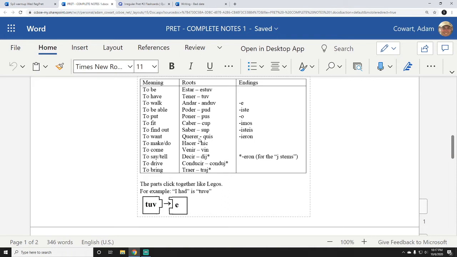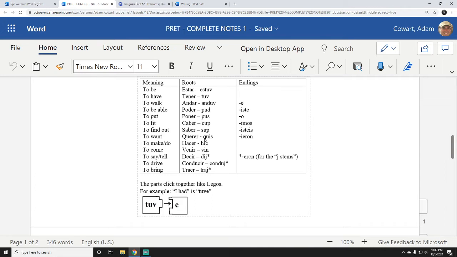Okay, so with querer, it turns into quis. And this one, I want to get the exact notes here to make sure I'm telling you correctly. All right, so this is on one of the sheets that I gave you, the one for Mrs. Johnson. So querer, it says querer will mean two different things in the preterite. If you say yo quise, it means I tried to call.